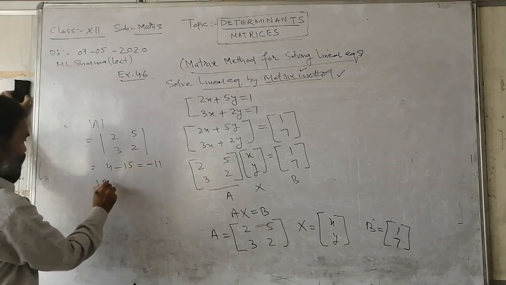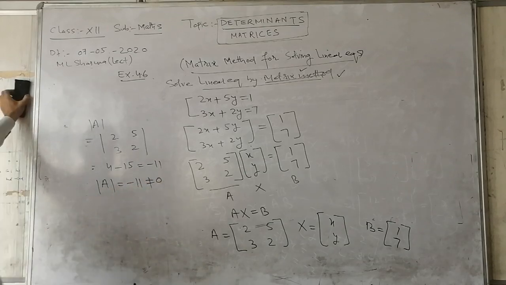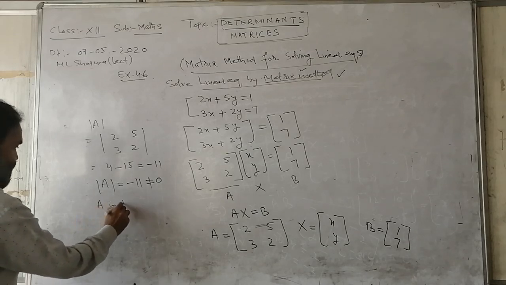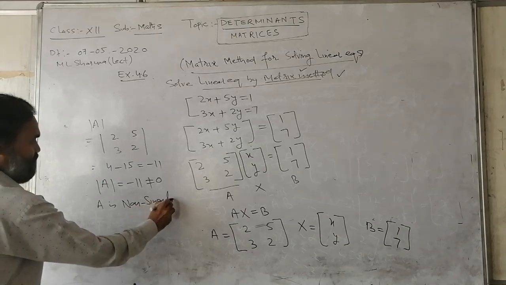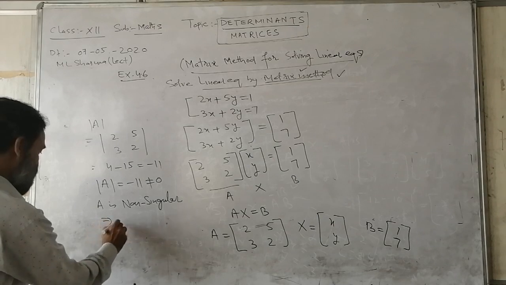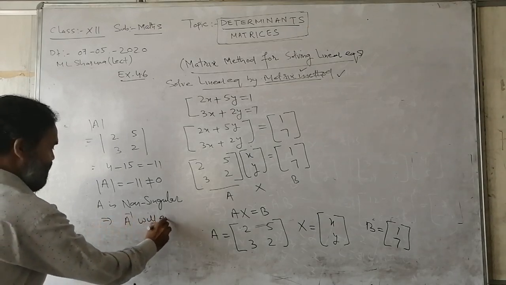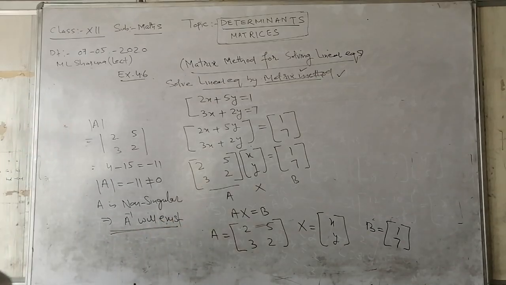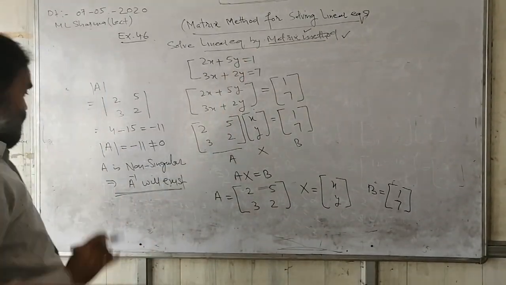So determinant A is equal to minus 11, and this is not equal to 0. That means matrix A is non-singular. When A is non-singular, A inverse will exist. So this indicates this method can be applied in this case.